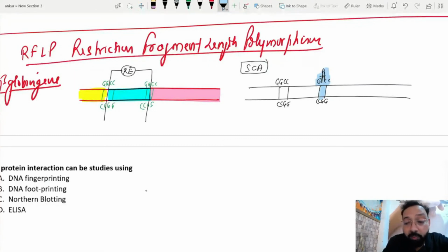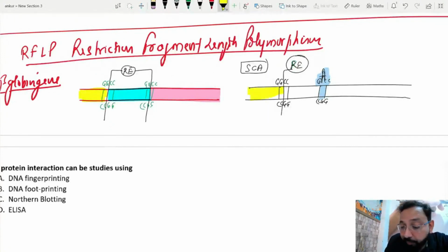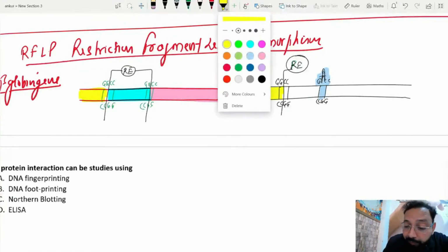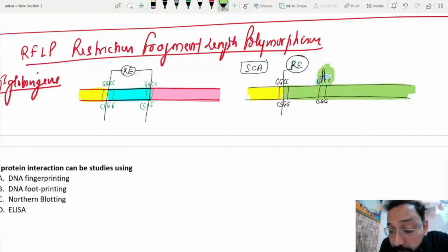Only one palindrome is left, and when restriction endonuclease acts on it, it will cut at only one site and only two fragments will be formed, of this size and a different size. Because after mutation this is not a palindrome, restriction endonuclease will not be able to cut it.